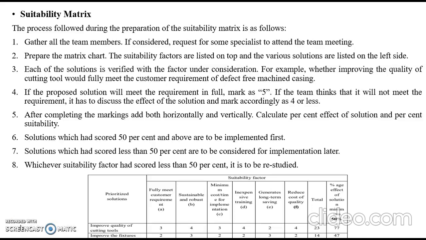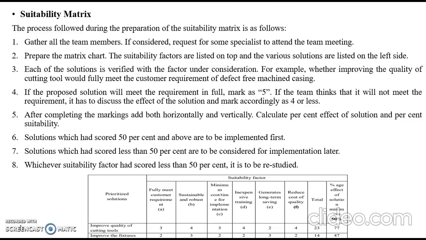As shown in the table, they will check whether this suitability factor is verified with the solutions. And the next step, if the proposed solution will meet the requirement in full, rate it as 5.